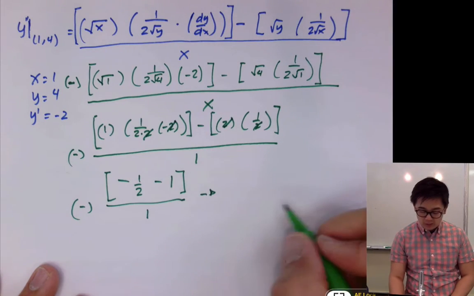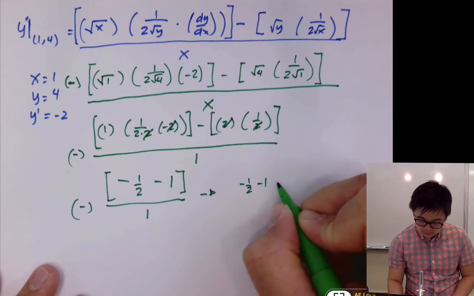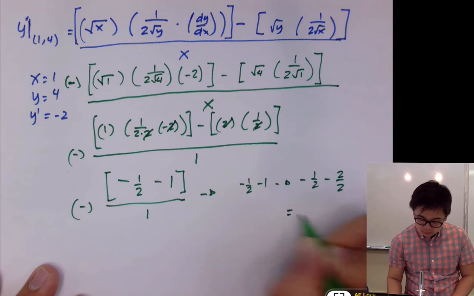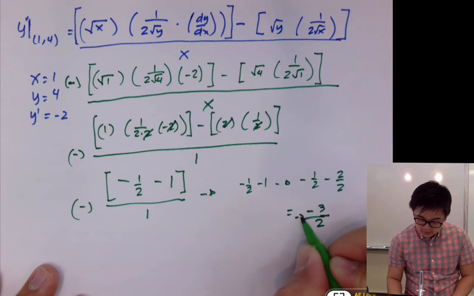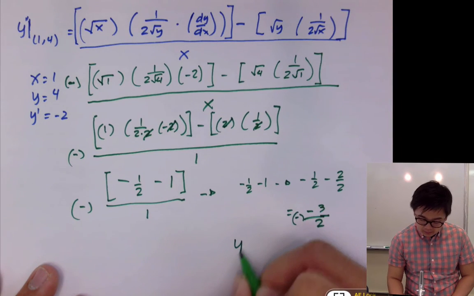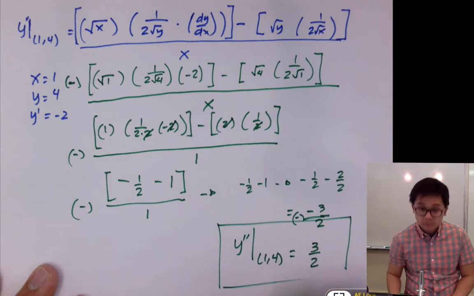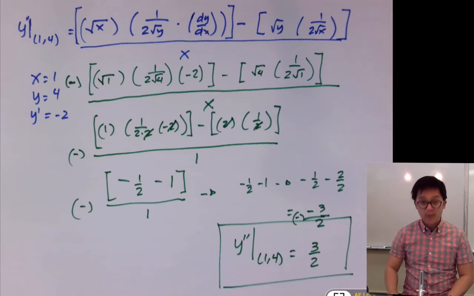And by simplifying the numerator, negative 1/2 minus 1 is simply negative 1/2 minus 2 all over 2, which gives us negative 3 all over 2. But since we know that our function is supposed to be negative, the second derivative of the function at (1, 4) is simply 3 all over 2. And this is how we found the second derivative of our second example.